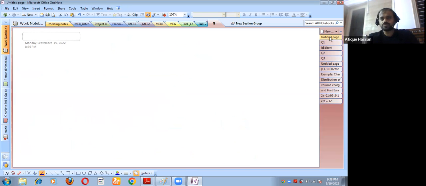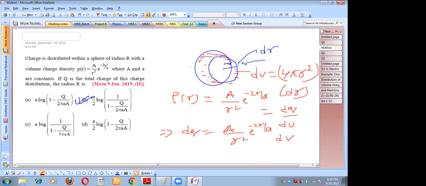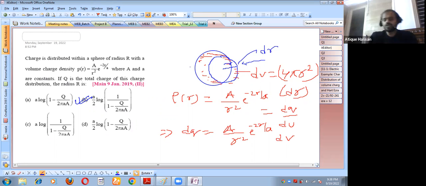So see which option matches with this. I think option B is correct, right? A by 2 log 1 by 1 minus q by 2π a. Got it? Yes, sir. So the concept was only up to here.